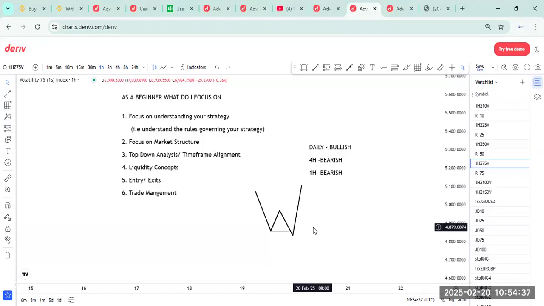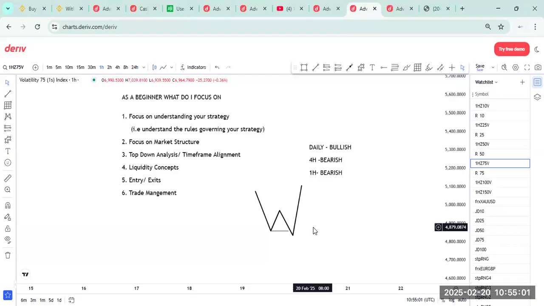So once you are buying, it means you are buying from somebody. So you are either buying somebody's stop loss order, sell limit order, buy limit order, buy stop order, or sell stop order. It's like that. So make sure you study liquidity concepts and then work on your entry and exits.